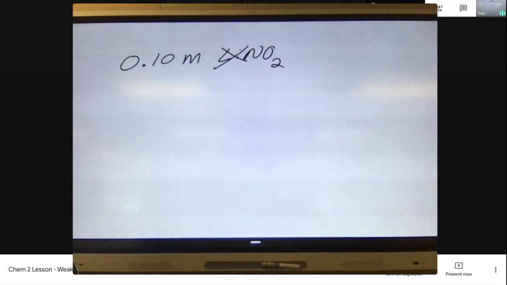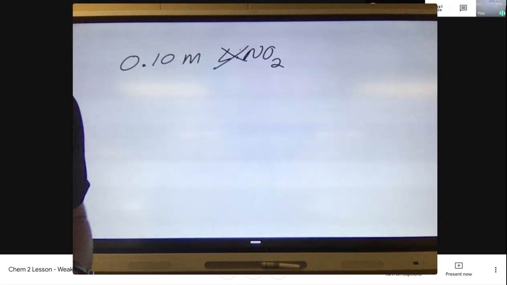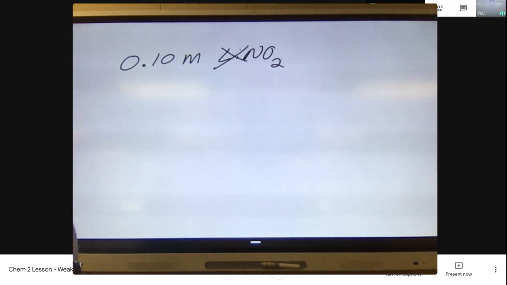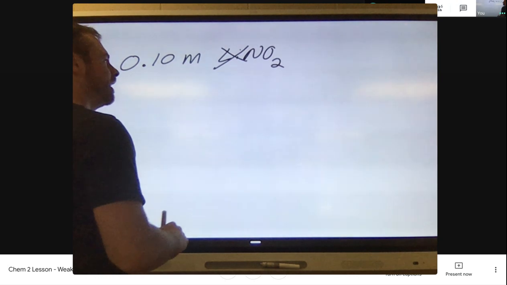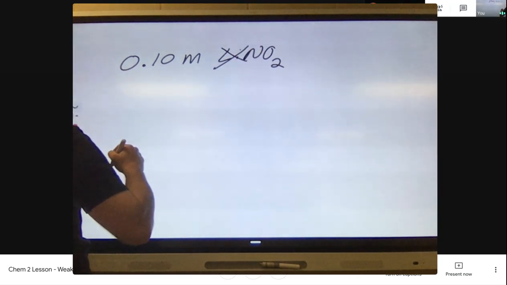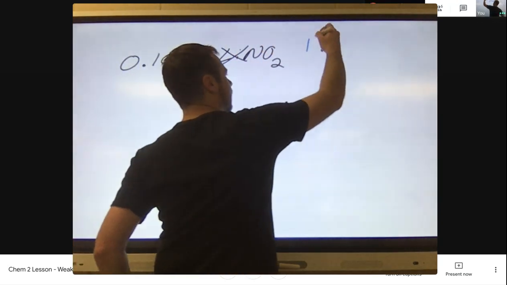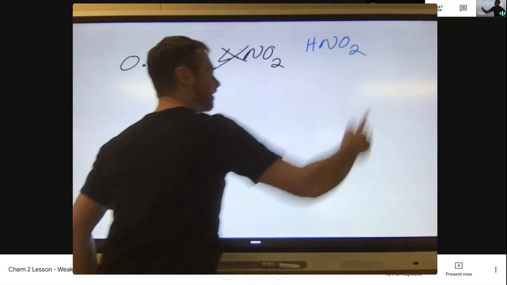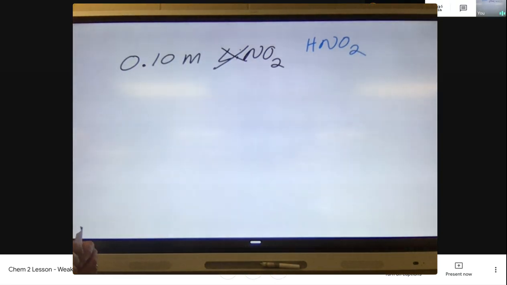I look down the Ka chart, and I get about 2/3 the way down, and I find something that is written, I'll write it in blue right here. I find HNO2.